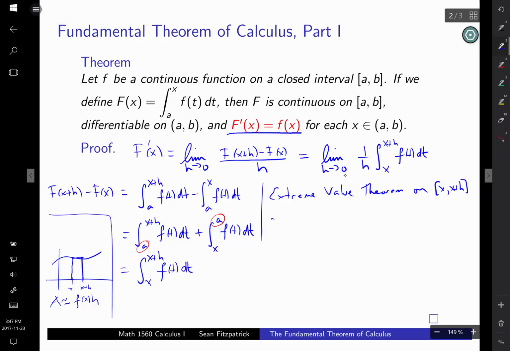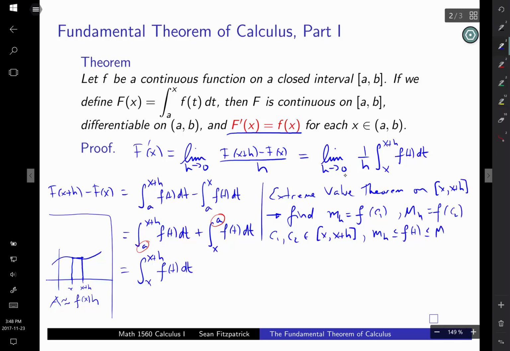We can find little m equal to f of some, let's say, c1, and big M equal to f of some c2, where c1 and c2 are between x and x plus h, and little m is less than or equal to f of t, which is less than or equal to big M, for all t between x and x plus h.